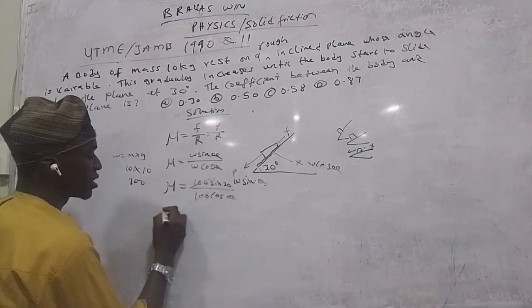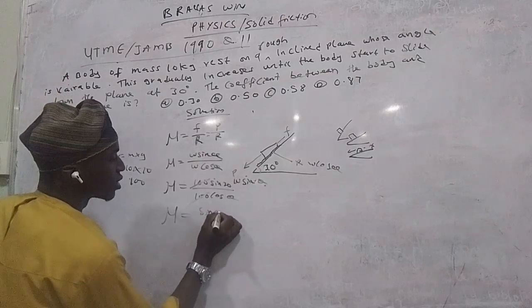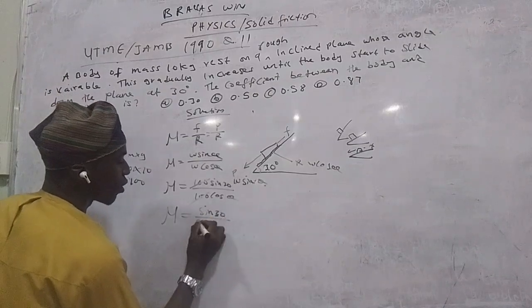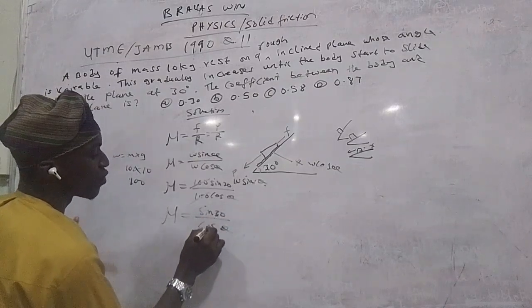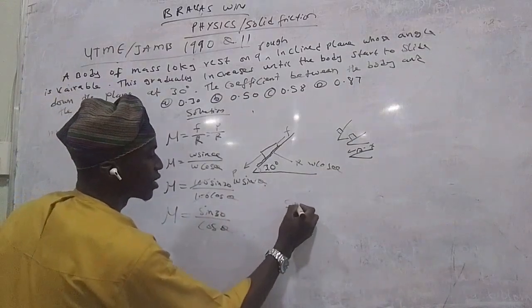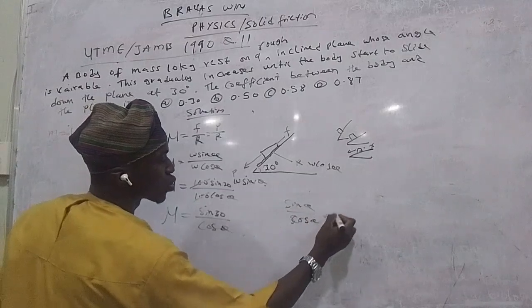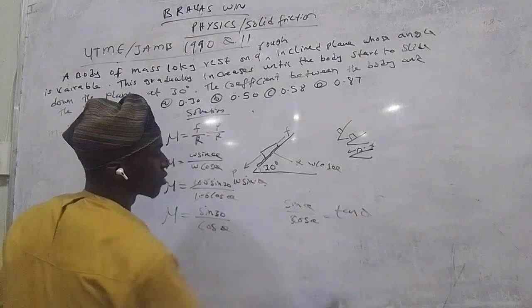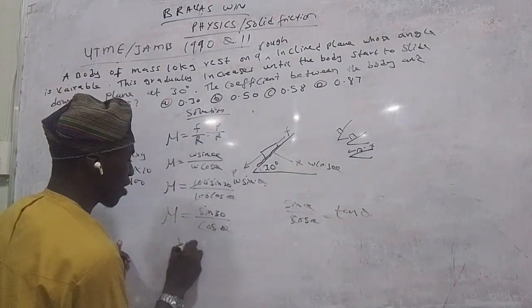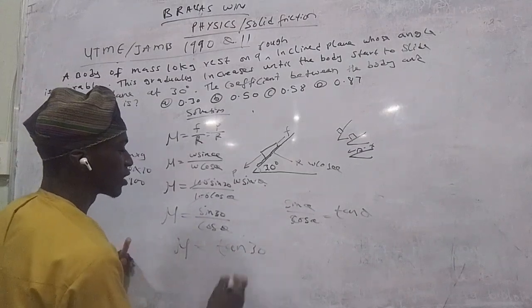The 100 cancels 100. The coefficient of static friction will be equal to sine 30 over cos 30. Sine theta over cos theta in mathematics means tan theta. So we can quickly say the coefficient of static friction equals tan 30.